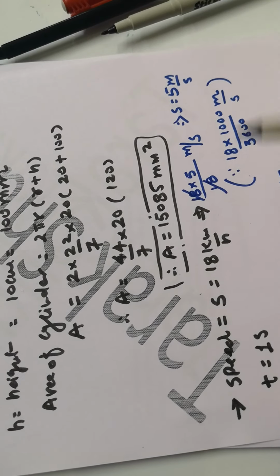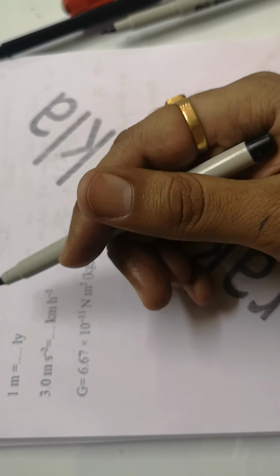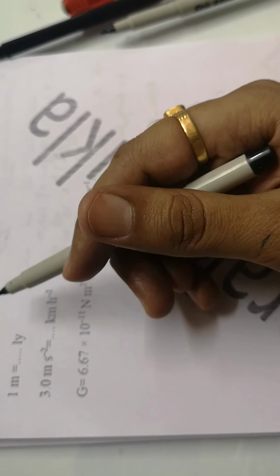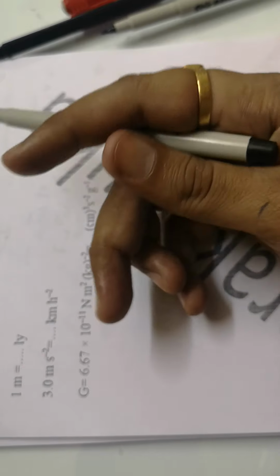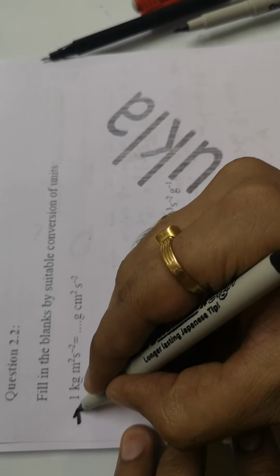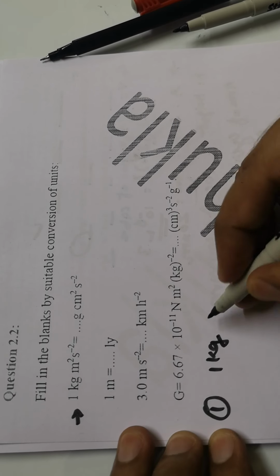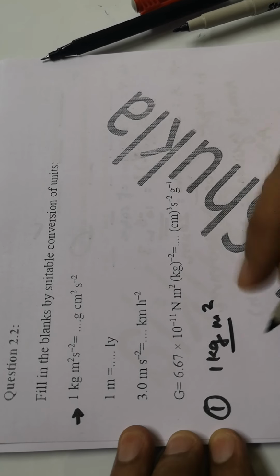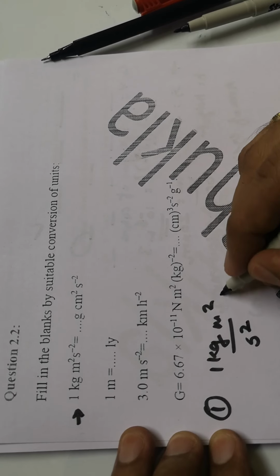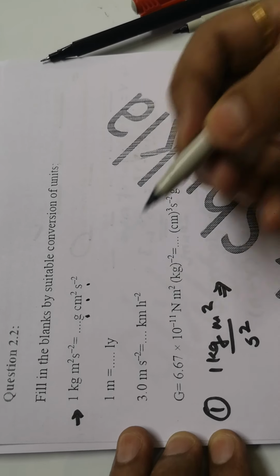So this is your exercise example number 2.1. Now next will be 2.2. In 2.2 they have asked us something that seems new, but it is actually not a new thing. It is some of the data which we have already learnt. The very first thing is that they want 1 kilogram meter square per second square converted into the term of gram centimeter square per second square.